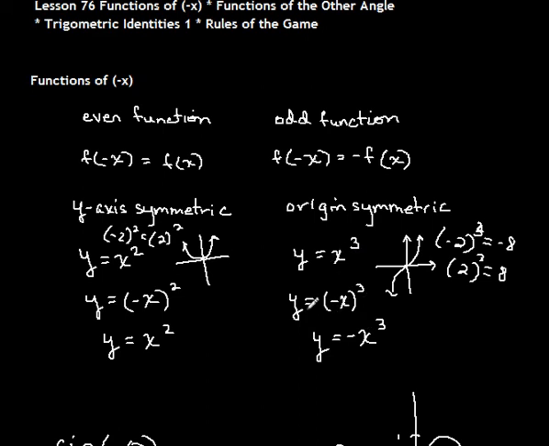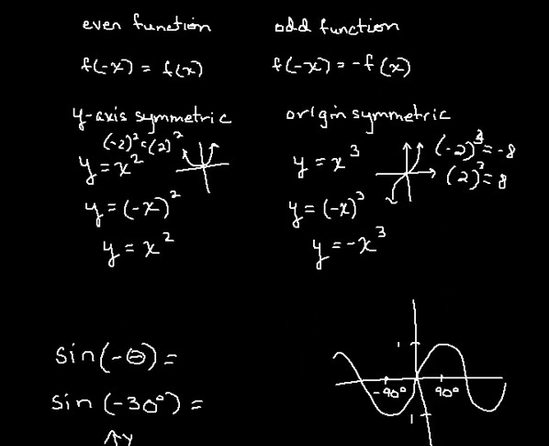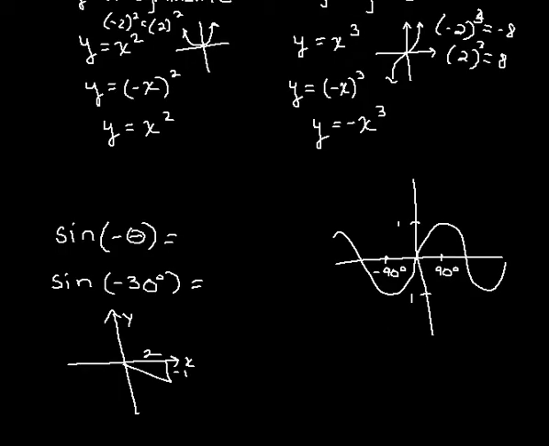So here's an example. We have y equals -x cubed. If we cube it, we get -x cubed, which shows this right here. Now we're going to relate that to trig functions. Let's start with our sine function. Is it odd or even? So let's try substituting a number in for theta. Let's substitute -30 degrees.